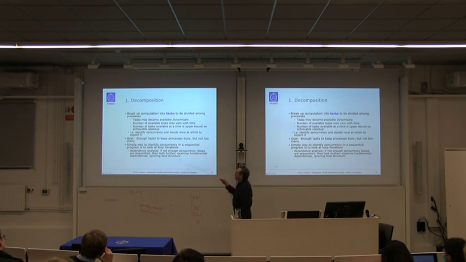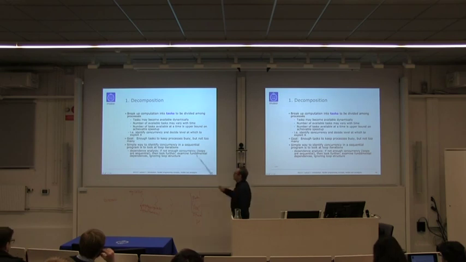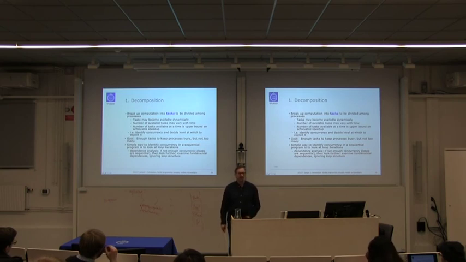And the number of available tasks can also vary because new tasks might be generated. And then you need to identify concurrency to decide how tasks depend on each other. It's like iterations. Do they depend on each other in a loop? Can you do something about it to make them independent and do parallel for instead of for? Something like this. Okay?